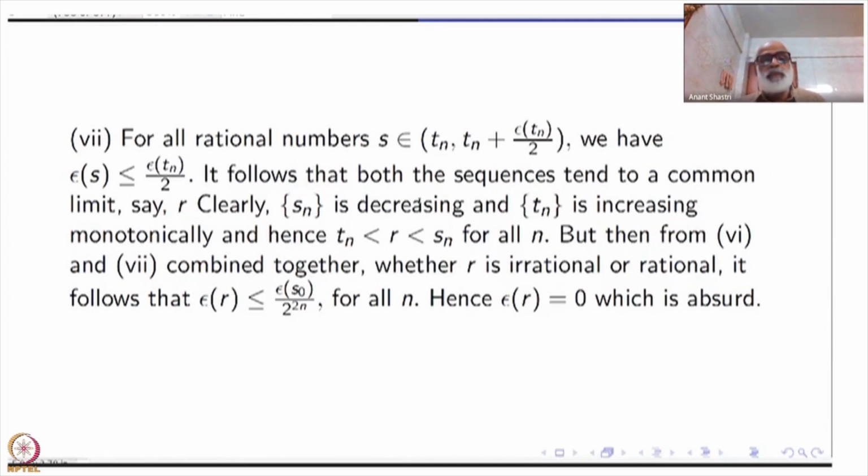But then from 6 and 7 combined together, whether R is irrational or rational, it follows that the corresponding epsilon R has to be less than epsilon S naught by 2 power 2n.